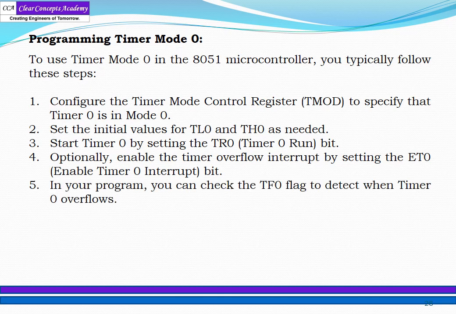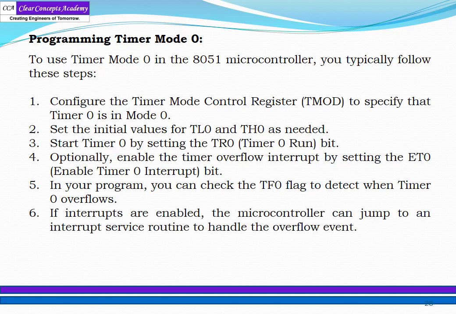Lastly, in your program, you can check the TF0 flag to detect when timer 0 overflows. And if the interrupts are enabled, the microcontroller can jump to an interrupt service routine to handle the overflow event. If the interrupt is enabled, then the interrupt has to be attended.